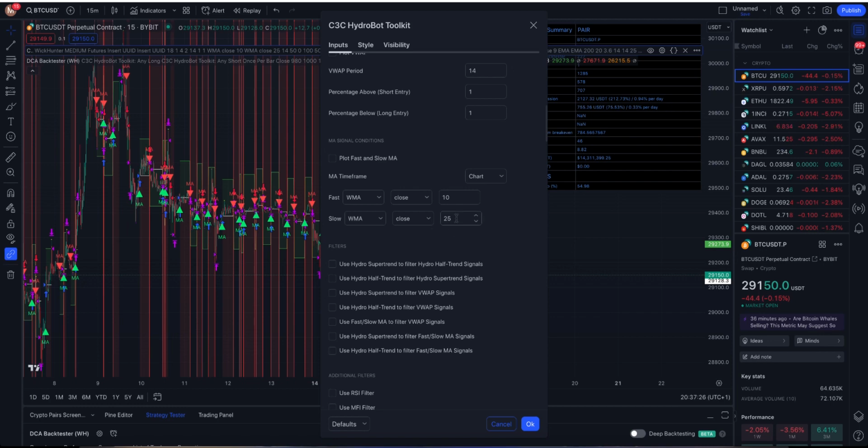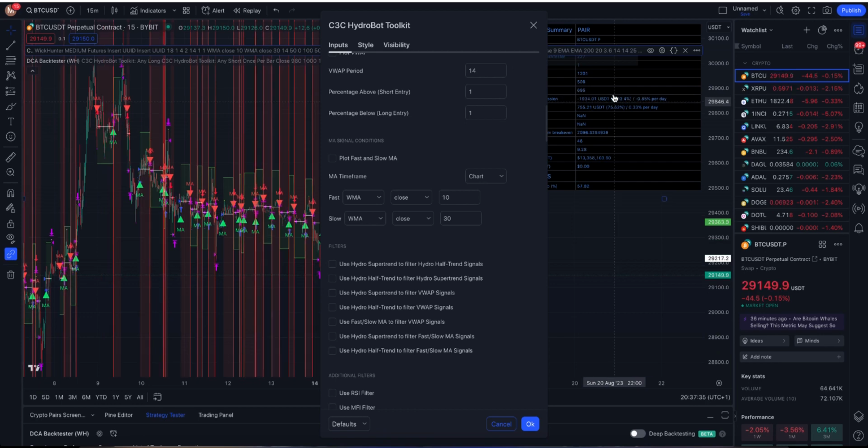There we go. Let's try 30, see if we can get it even more. So 212.73. And these numbers are the profit that we're going for. Right, so that's dropped again. So we'll keep that on 25 and keep that on 10.